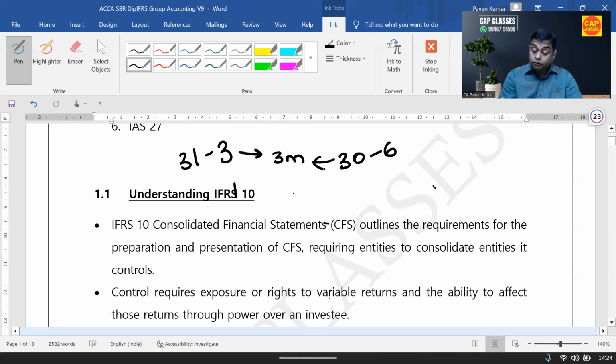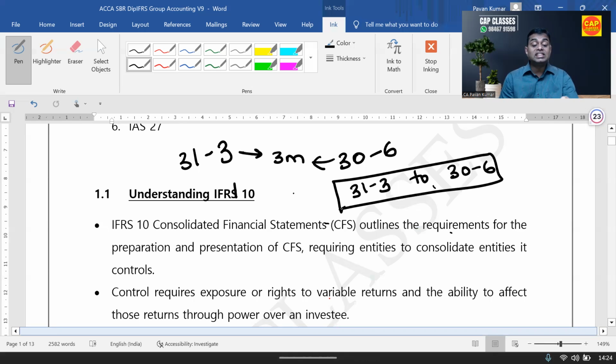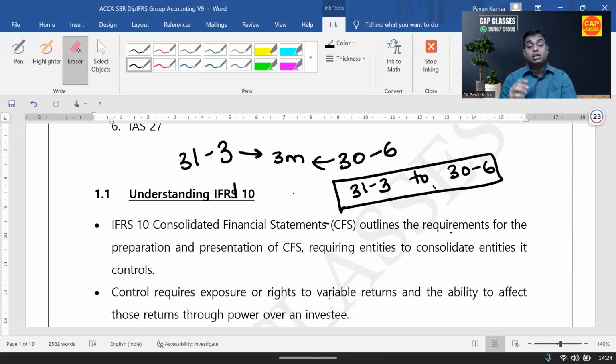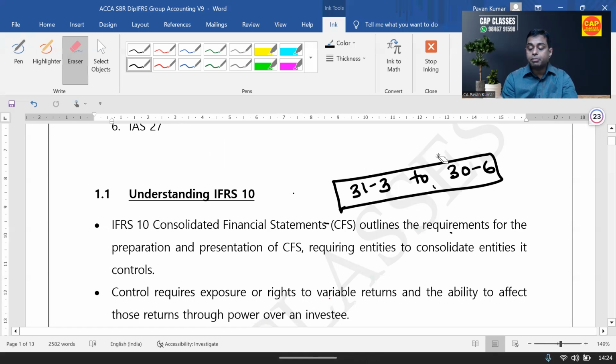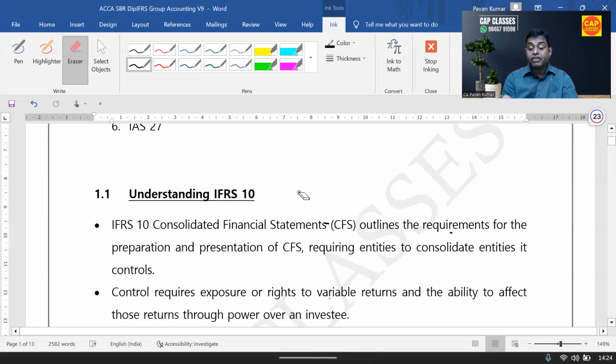Now, from 31/3 to 30/6, in these 3 months, if there are any significant accounting transactions or events, adjustments are to be made to the financial statements of the subsidiary to give effect to these significant events that are happening in these 3 months.